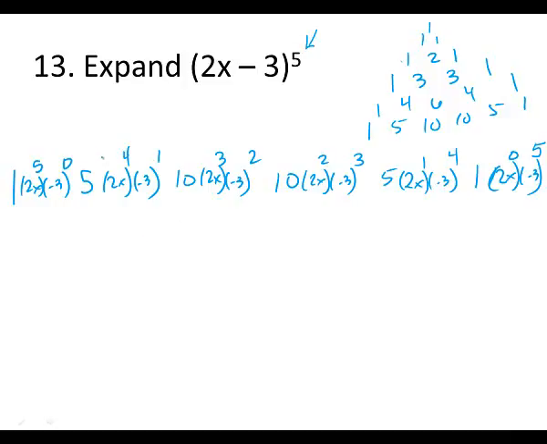Okay? All right. What is 2 to the 5th? 32x to the 5th. All right. I'm leaving some space in there for scratch work in case I need it. What is 2 to the 4th? 16 times 5 times negative 3 is negative what? You have calculators.